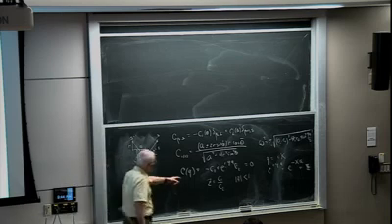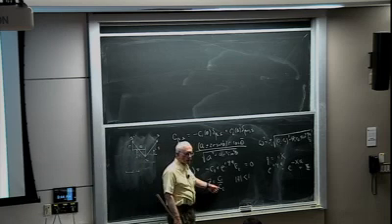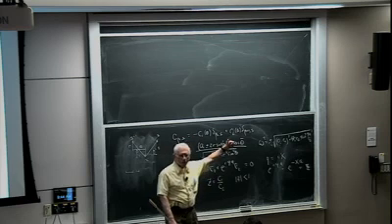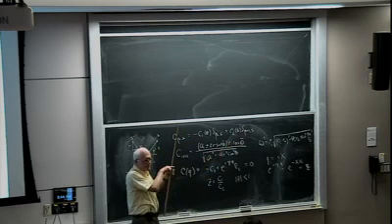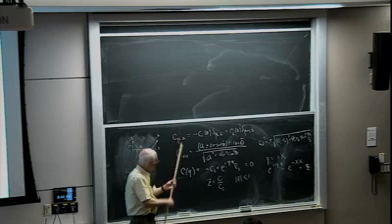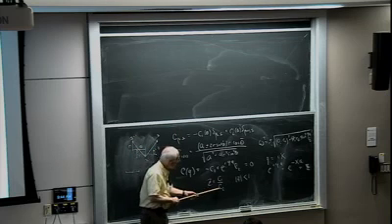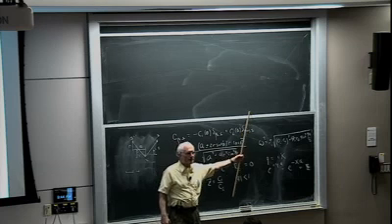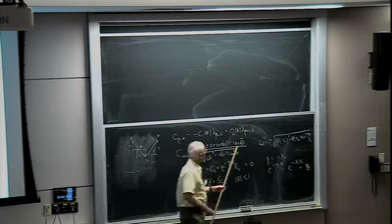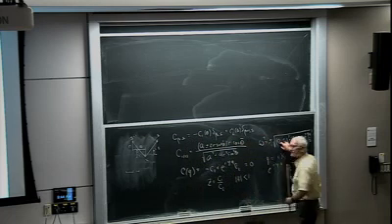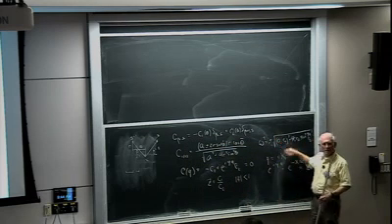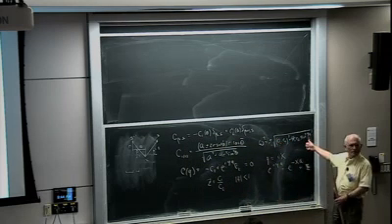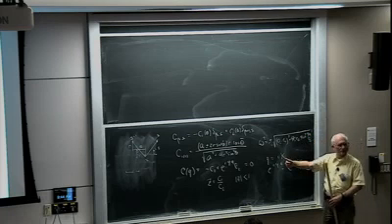So if c1 is less than c2, then we have a 0 mode starting at the right-hand side, which is a surface mode. If c1 is greater than c2, then we have a 0 mode starting at the other side coming in. So depending upon the relative magnitudes of these two things, we either have a 0 mode at the right end or a 0 mode at the left end.